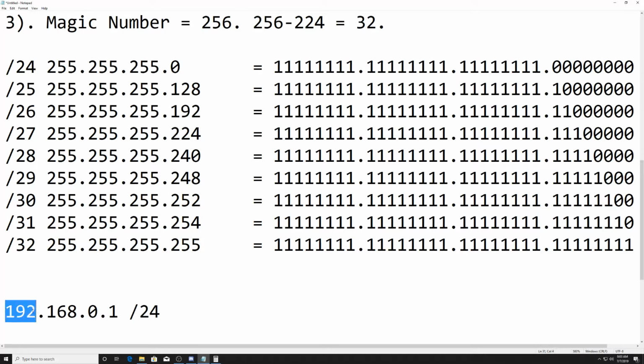So you cannot change this network ID. The second octet, which is all ones, is 255. You cannot change this 168, because the subnet mask is all ones, and that's considered your network ID. The third octet is 255 too, all ones, so you cannot change that 0. But if you notice, these are turned off, meaning these are your host bits.